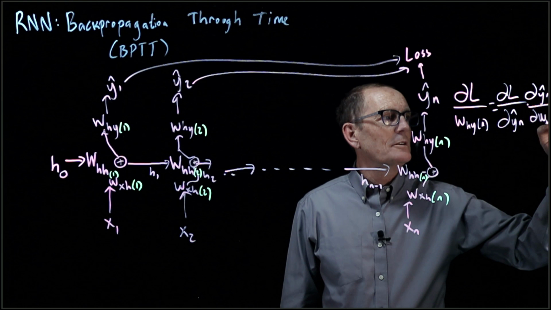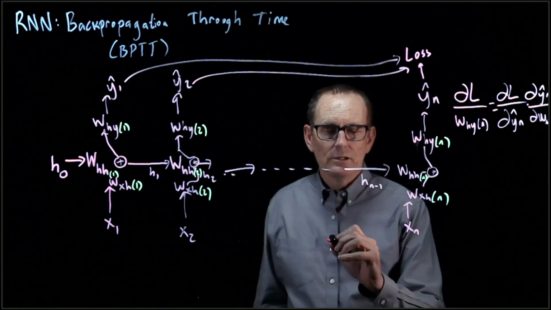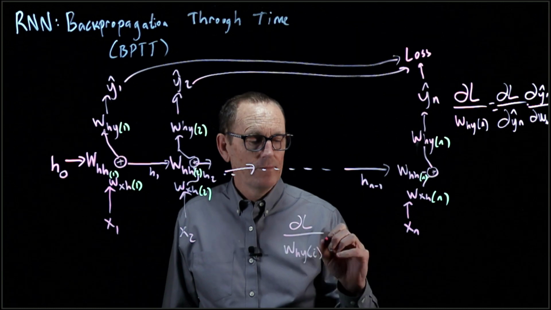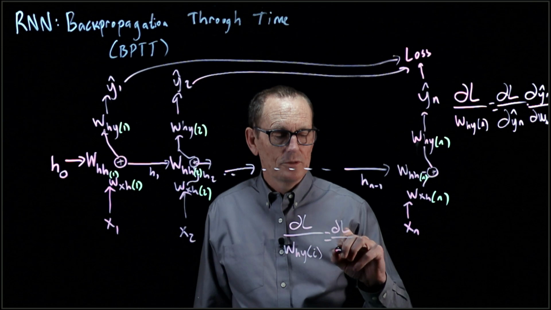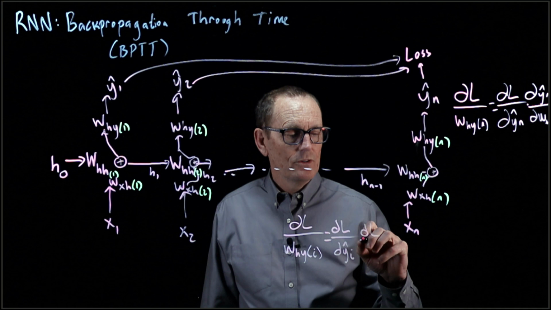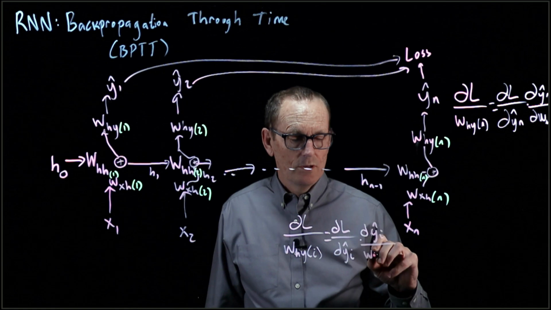And we can look at, in general, the partial derivative with respect to WHY of i is equal to the partial derivative of L with respect to y hat sub i times the partial derivative of y hat sub i with respect to WHY of i.